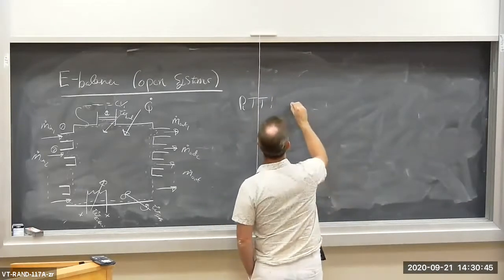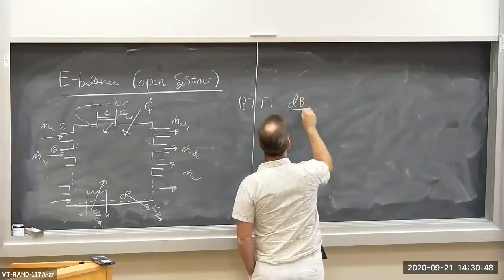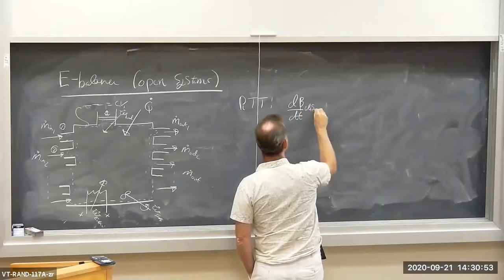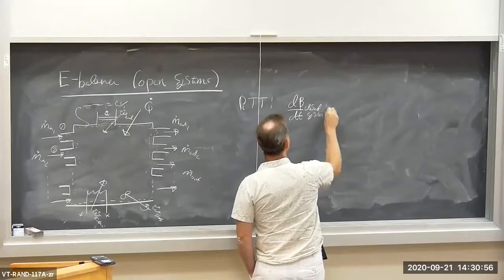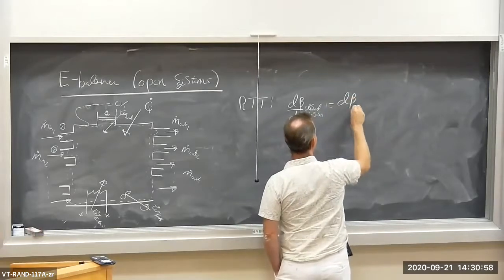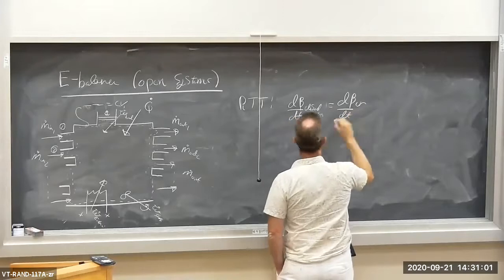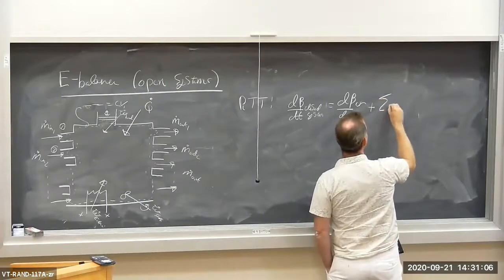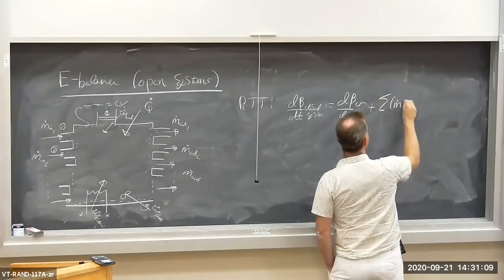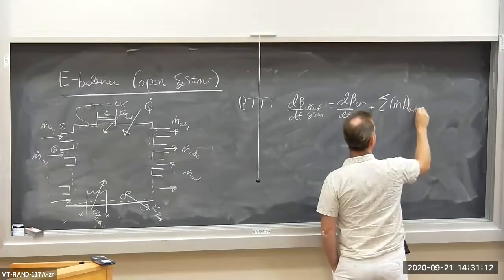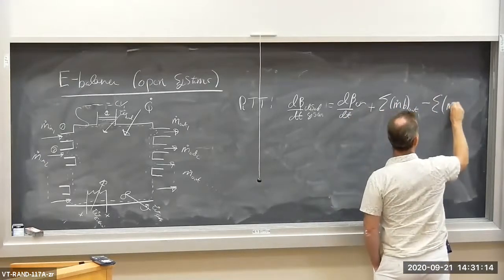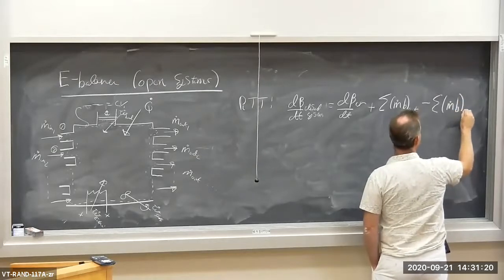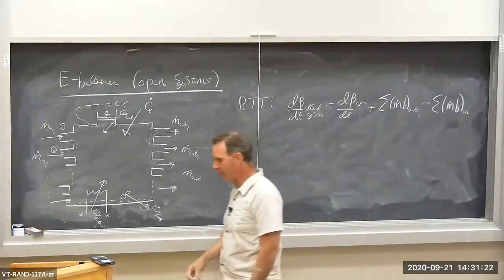It says the time rate of change of beta within my closed system is equal to the time rate of change of beta within my control volume, plus the sum of m dot b out minus the sum of m dot b in, summed over all inlets and outlets.